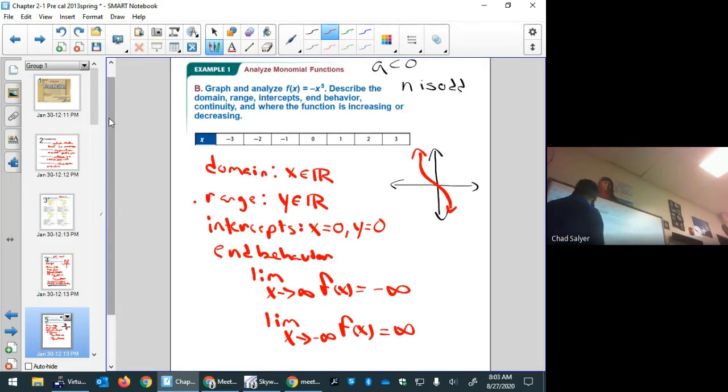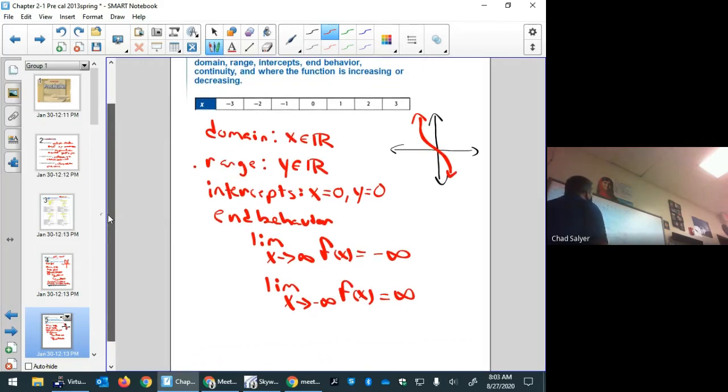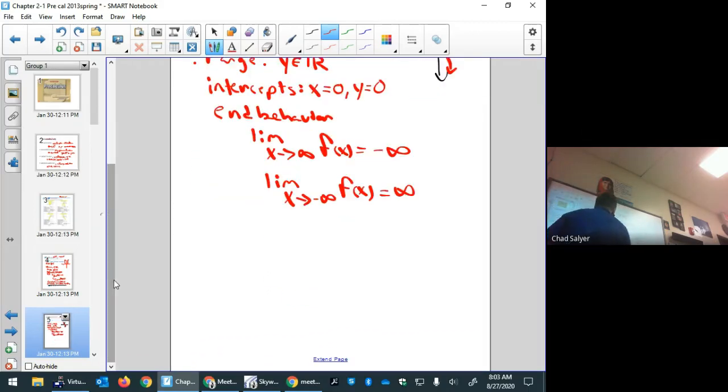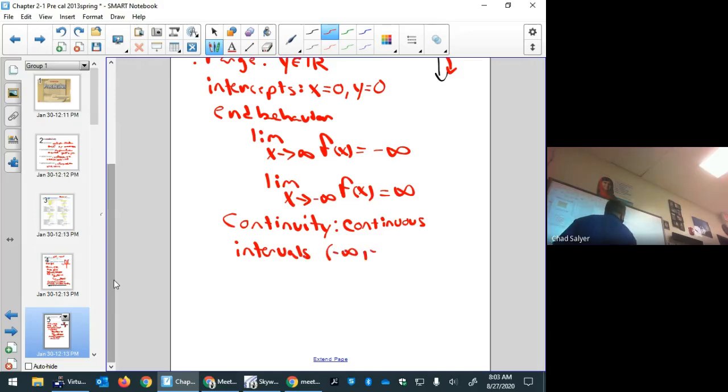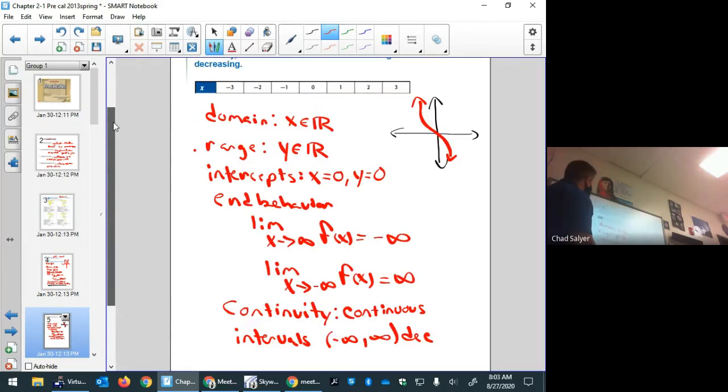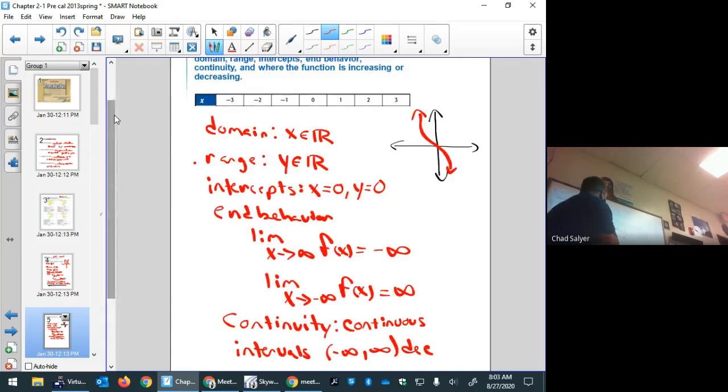Didn't even need to sketch the graph. Continuity, and then intervals of behavior. So again, the case with all polynomials, it's continuous. The definition of a polynomial forces this to be true. And then intervals, just got one interval, and it's decreasing everywhere. Okay, any questions about that one?